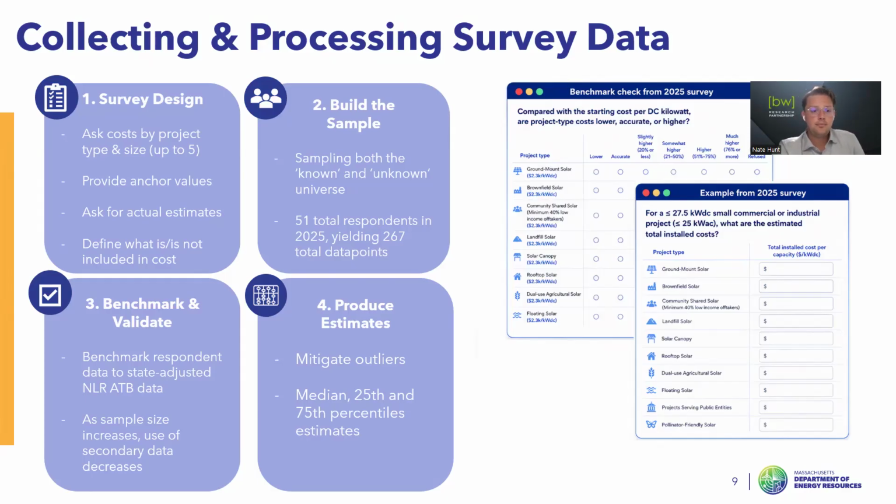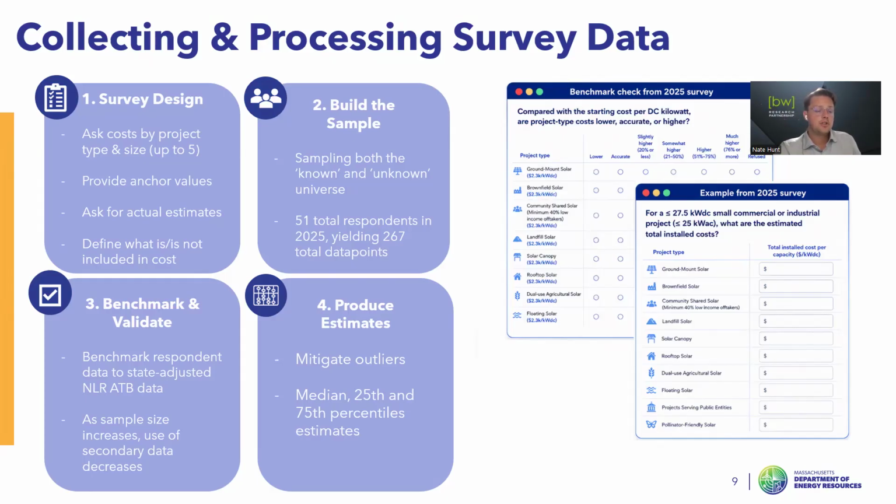When we are asking, if people are only able to provide approximations, we provide anchor values from that NREL annual technology baseline data set. And when folks are able to, the preference is to provide the exact dollar per kilowatt figures where possible.